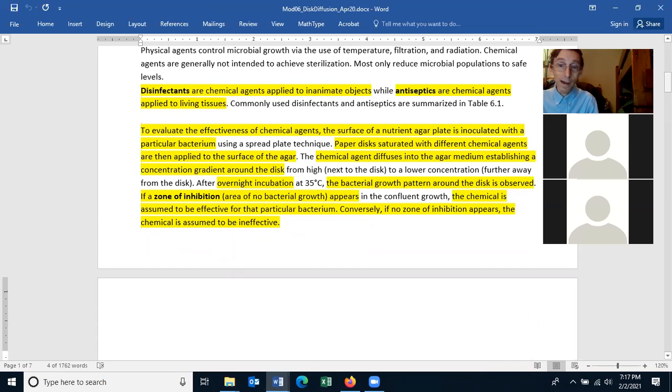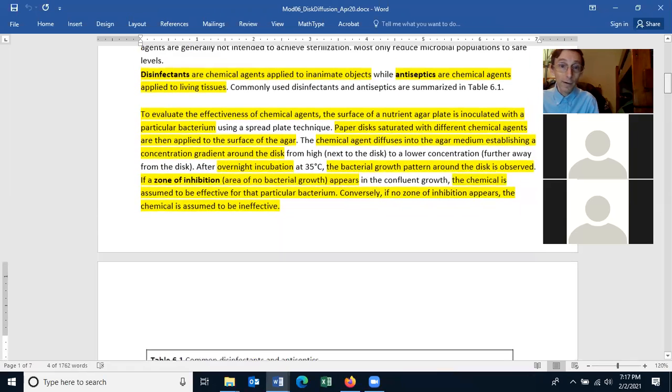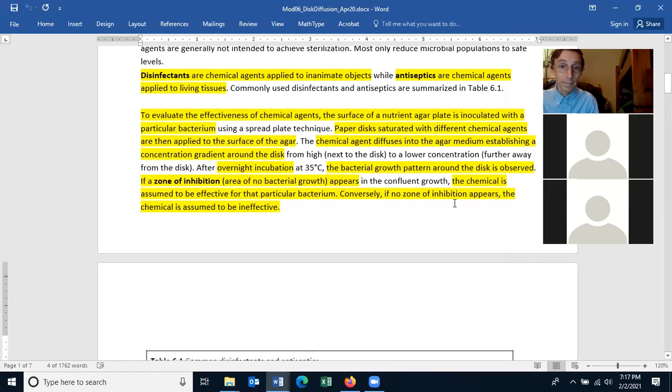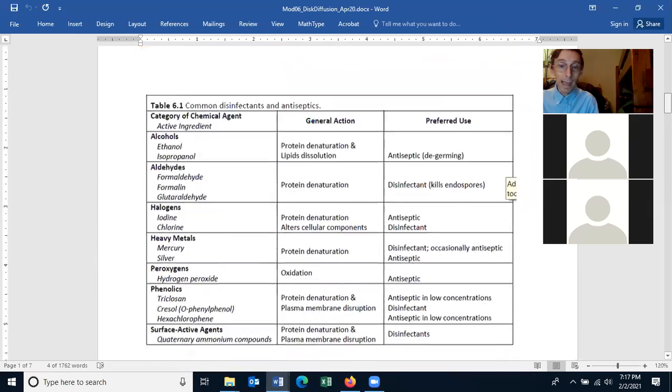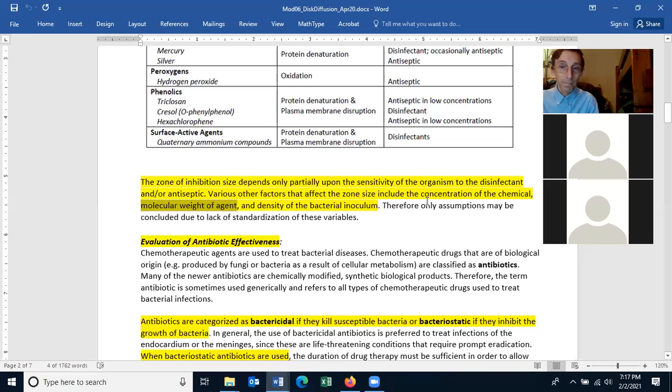So do you understand how the zone of inhibition is only partially determined by how effective the agent is on killing or controlling the growth of that organism? There are other variables that determine the size of the zone of inhibition. Everyone got that? Well, no comment. I'm going to assume everybody got that.